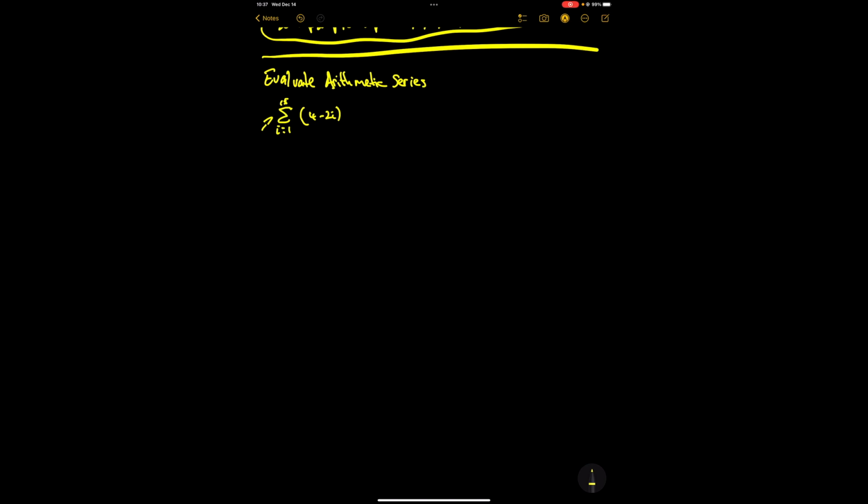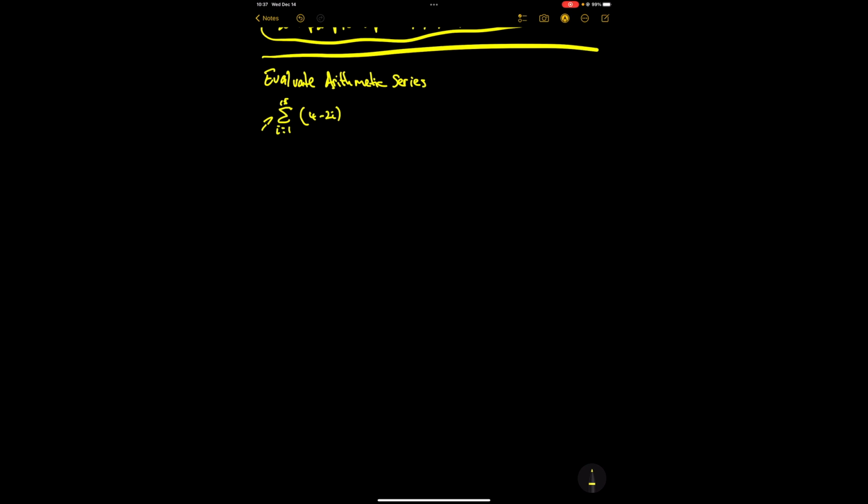Let's see. So we have the sum from i equal 1 to 15 of 4 minus 2i. First, we need to find what? What is the first term? We need to find the first term and the last term. And that's why I said it was kind of like the arithmetic sequence we just did earlier, but at the same time, it's different.